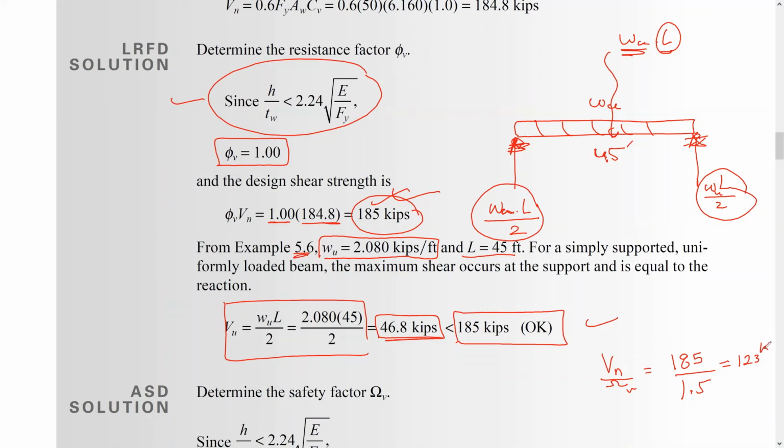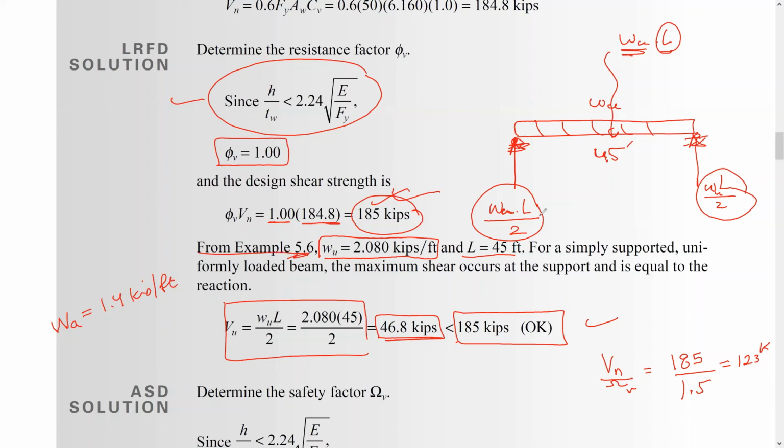So compare that and see what the maximum shear is. If you remember, for the ASD method, which is the service load, the load intensity was equal to 1.4 kip per foot. You can check it back from this example again.